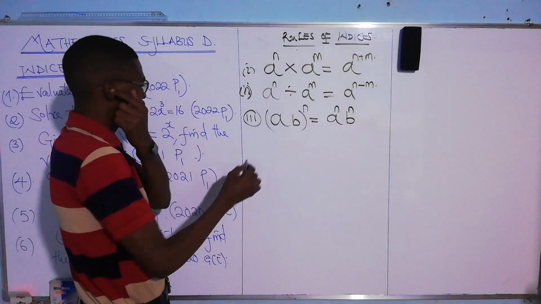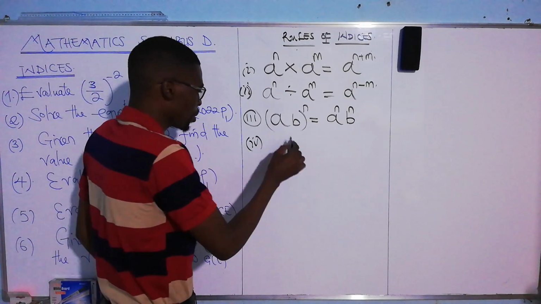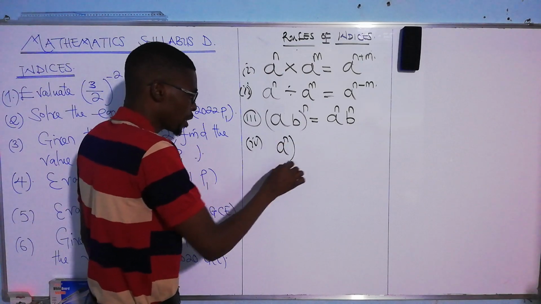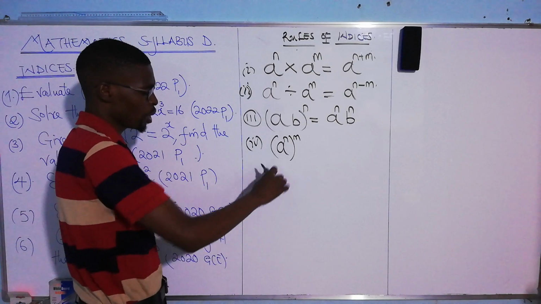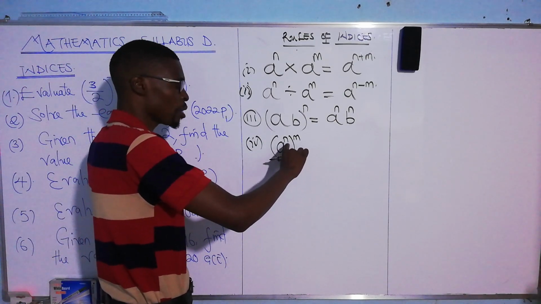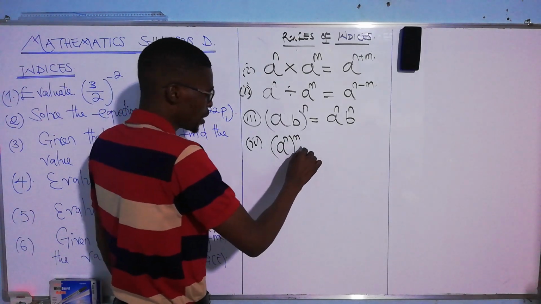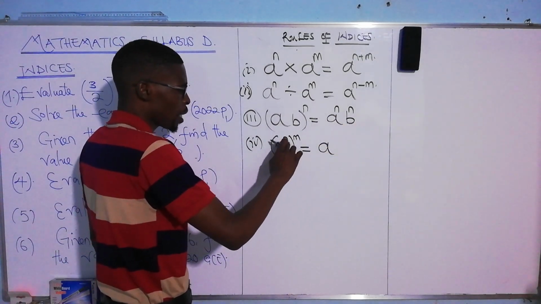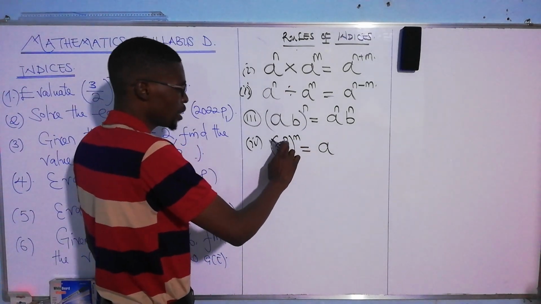Okay. The fourth rule is the rule involving a base raised to the power n, and then raised to the power m. When you have an index with the exponent raised to another exponent, the meaning here is that you maintain the base as a, then you multiply the exponent which is outside by n.